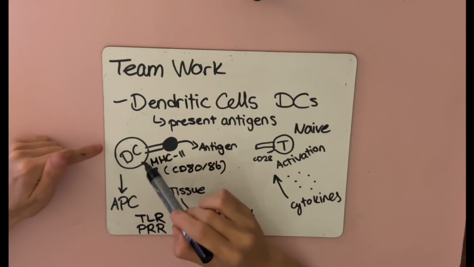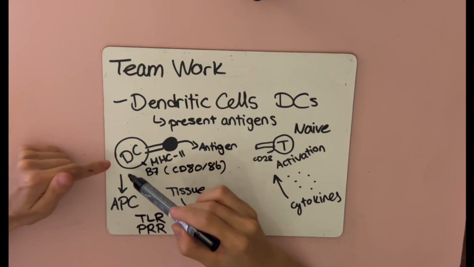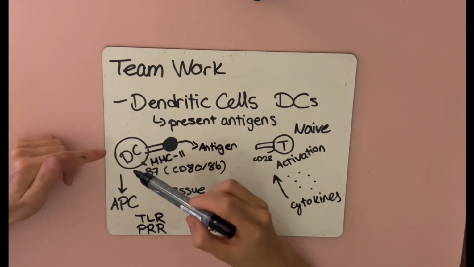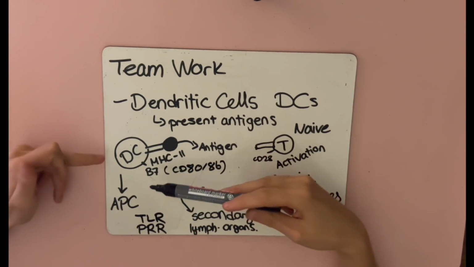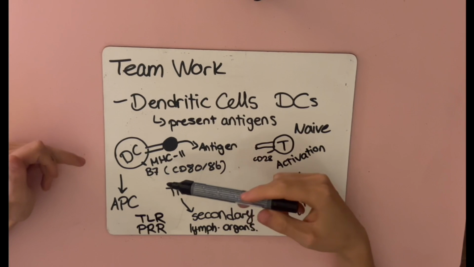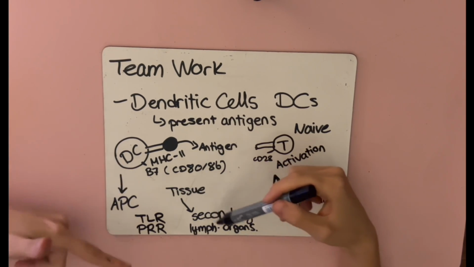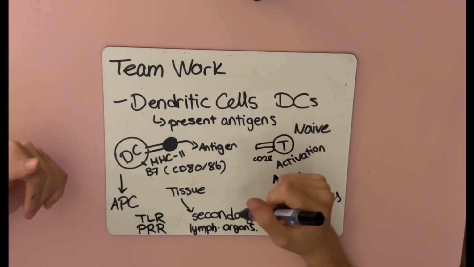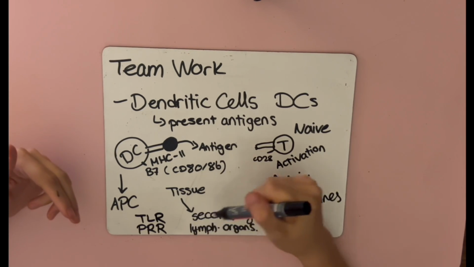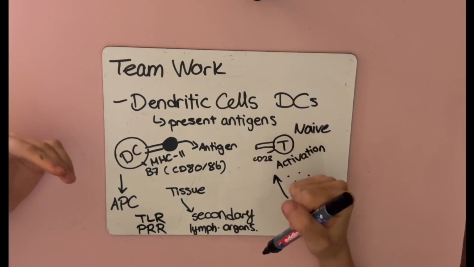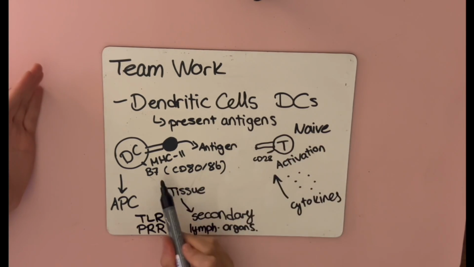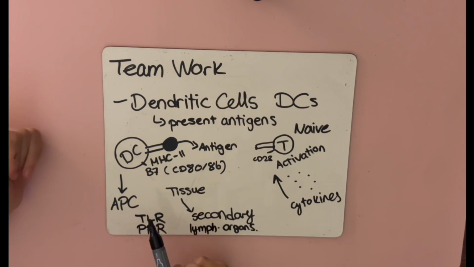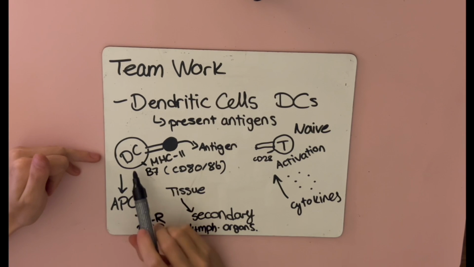So when the DC cell gets a signal, aka it finds a pathogen, it gets activated. Dendritic cells migrate from tissues to secondary lymph organs like the lymph nodes or spleen, okay? And here in the secondary lymph organs, they present peptides via the MHC molecules. In our case, an MHC2 molecule.